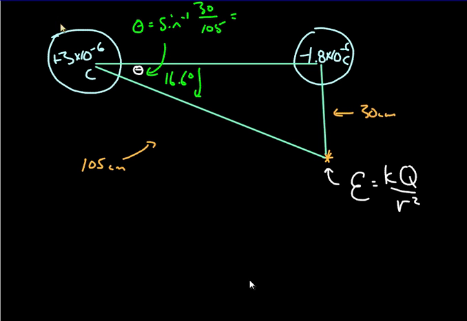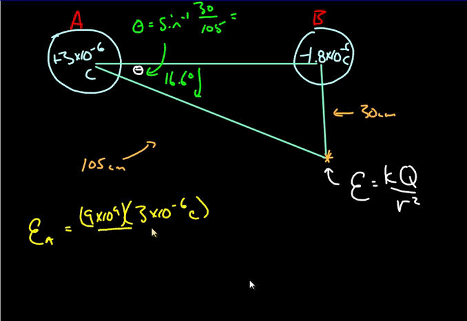So I'm going to just label these to help me remember. Call this A and this B. So we'll go E from A is going to be equal to k, so 9 times 10 to the 9. Just for speed, I'm going to leave off the units. You really should put the units in there, but we're in a time crunch here. Everything has to be in terms of meters.